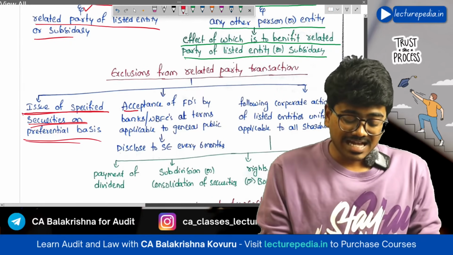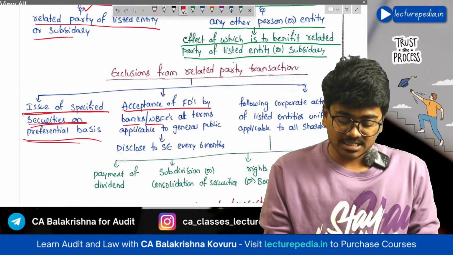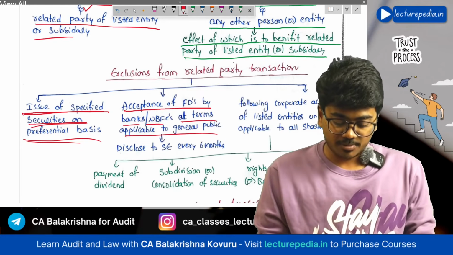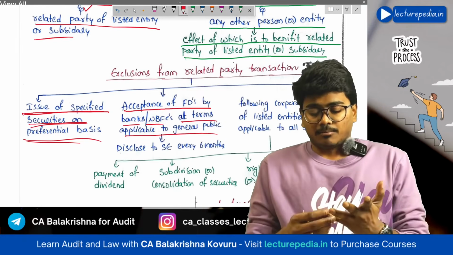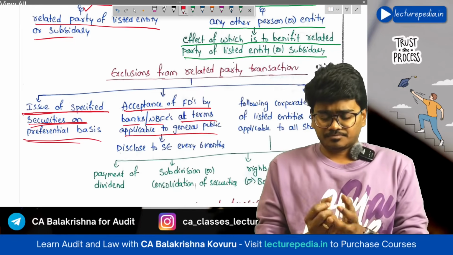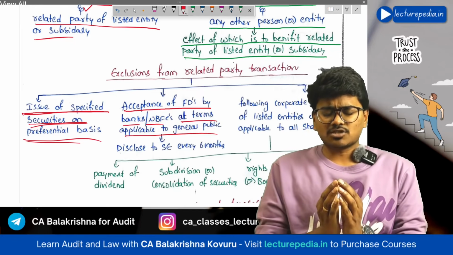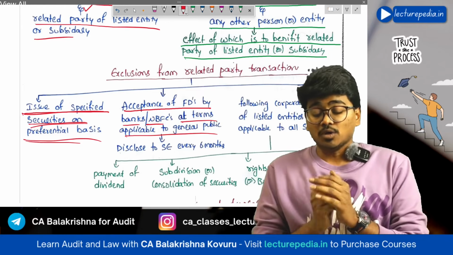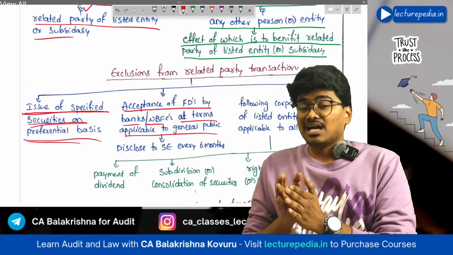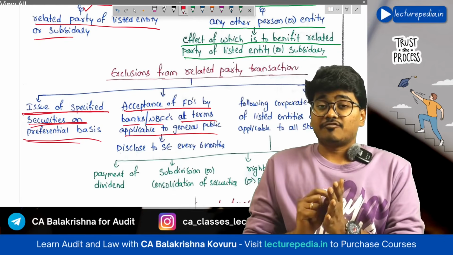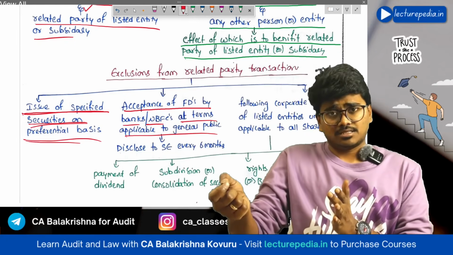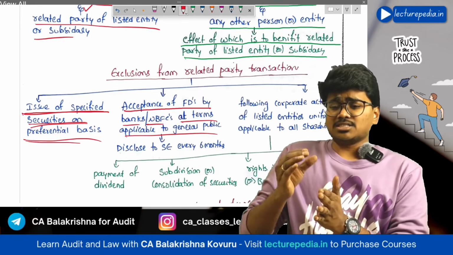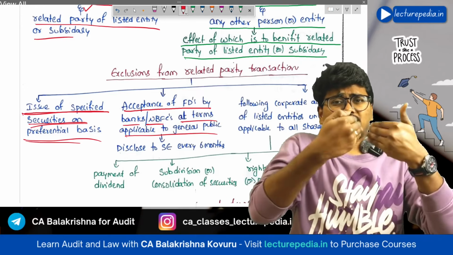Next, acceptance of FDs by banks, NBFCs at terms applicable to the general public. Now, the major business of banks and NBFCs is to accept deposits, right? If a bank or NBFC accepts a deposit from a related party, that is also one type of transaction.